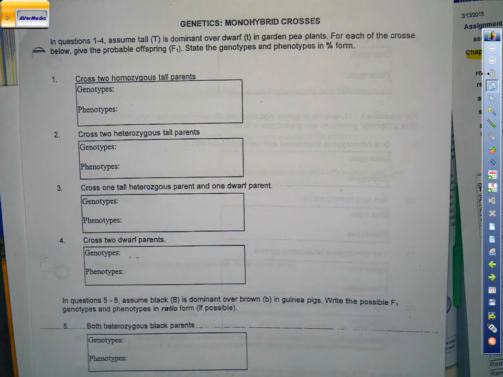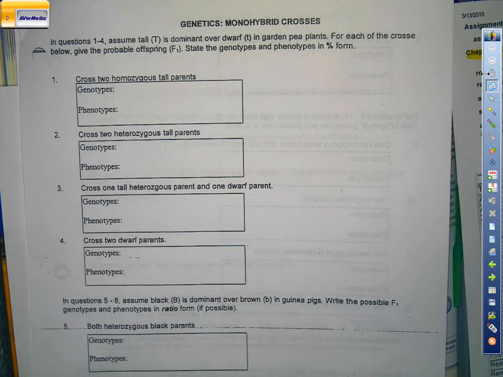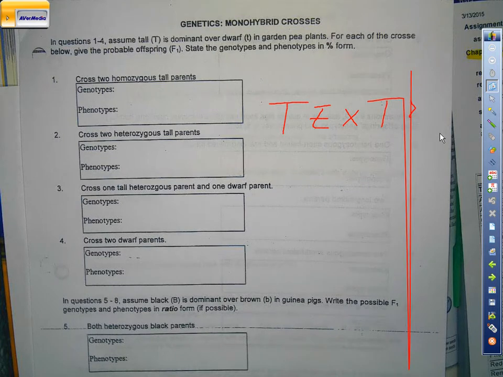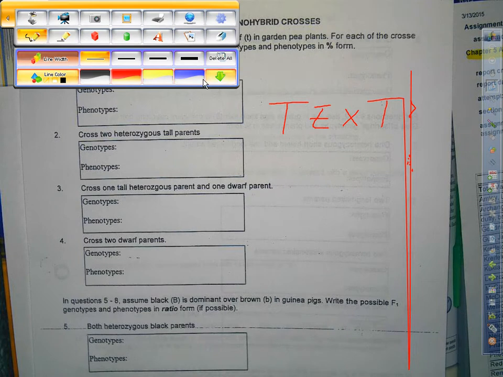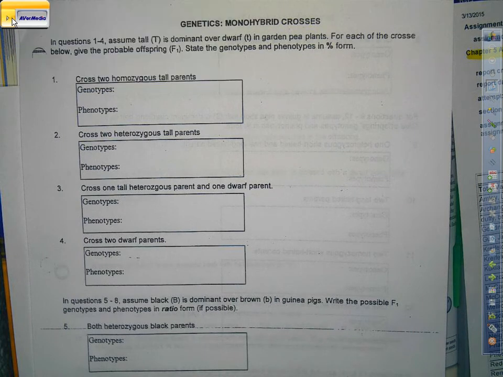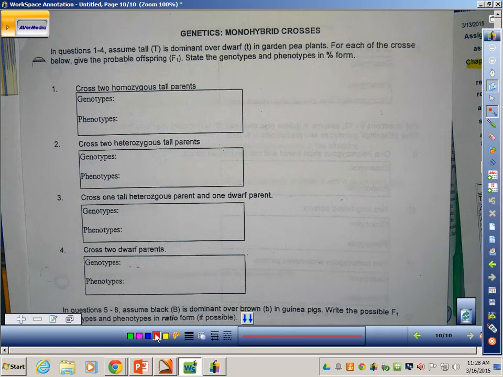So it says cross two heterozygous tall parents. Oh, did I use this on accident? Sorry. Yeah, I used the wrong software. So two heterozygous tall parents.